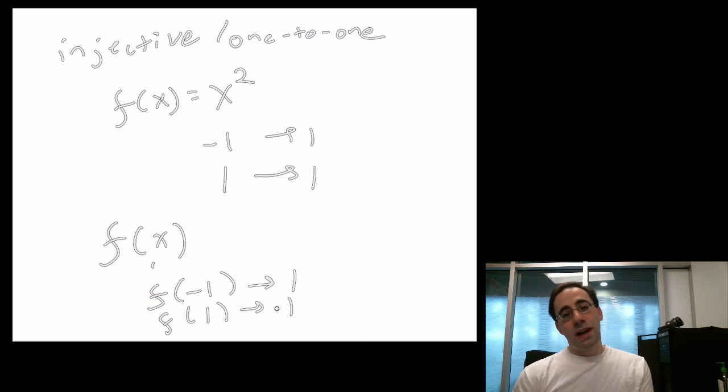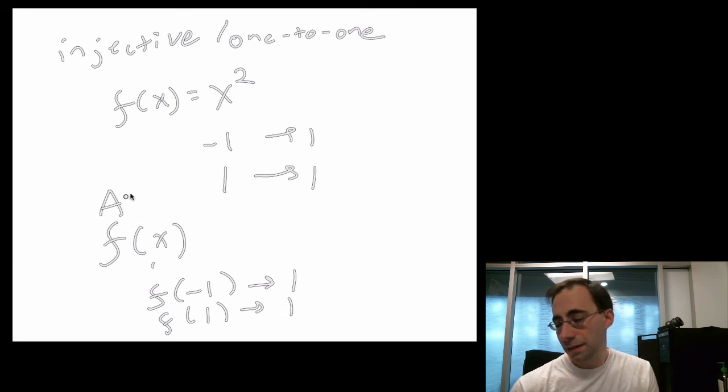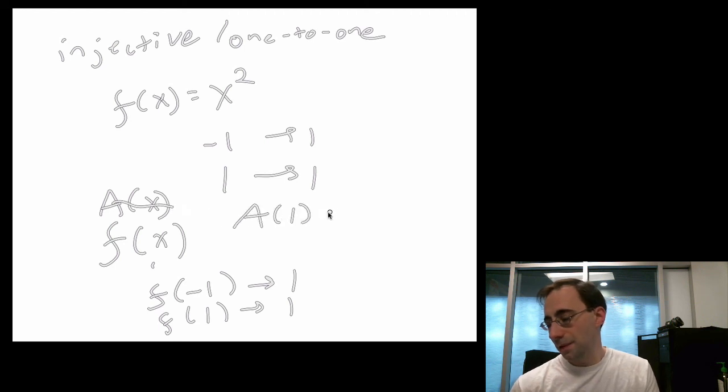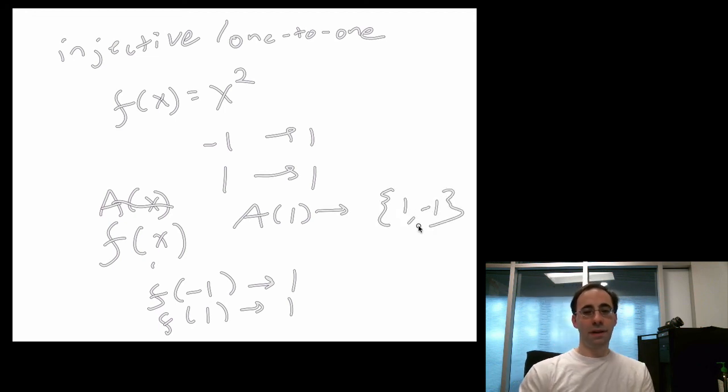There are ways of writing function-type things that map to more than one point. For instance, it might map to the set {1, -1}. That is called a correspondence, and it's not a function. Functions must take each point in the domain to one and only one point in the range.